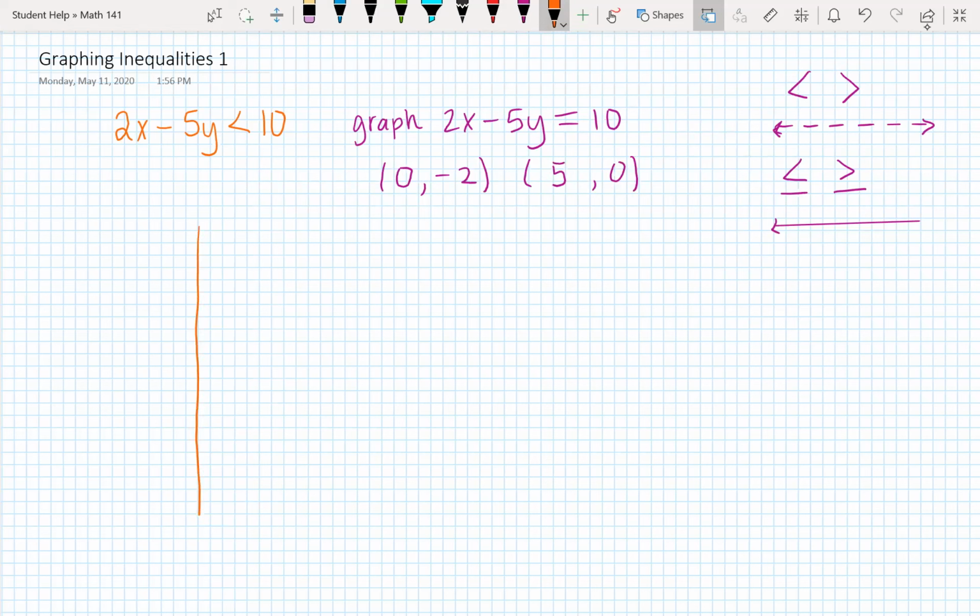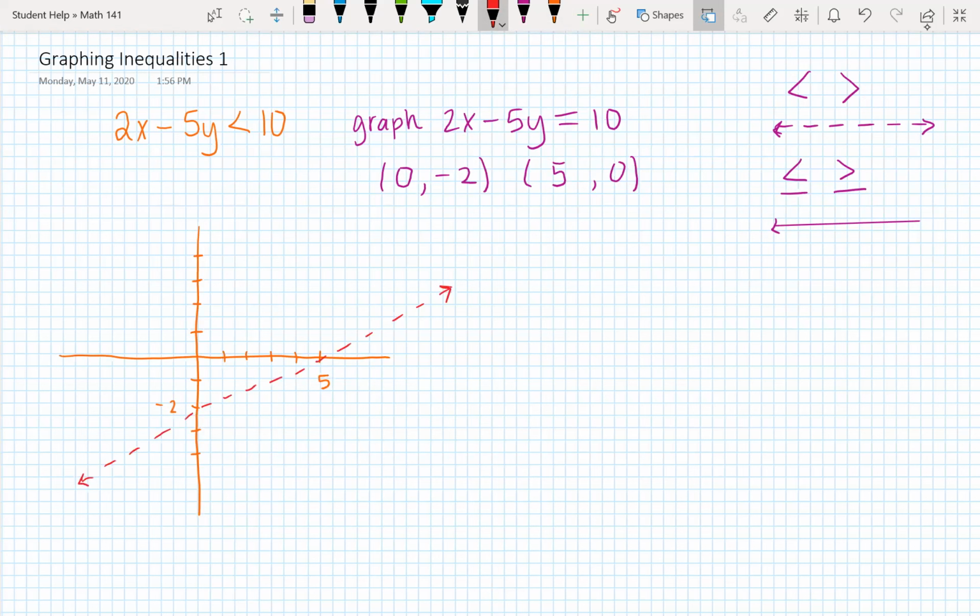I'm going to skip every other line just to make this easier to graph. So -2 is down here, and 5 is going to be up here. And so my line is going to be going between these 2 points, and I'm going to make it dashed, right? Because I don't have equality on the line.